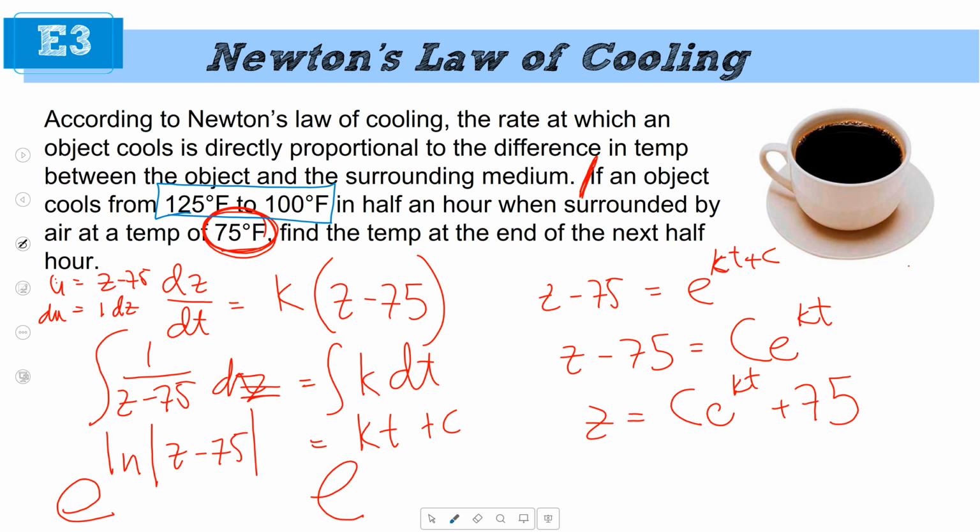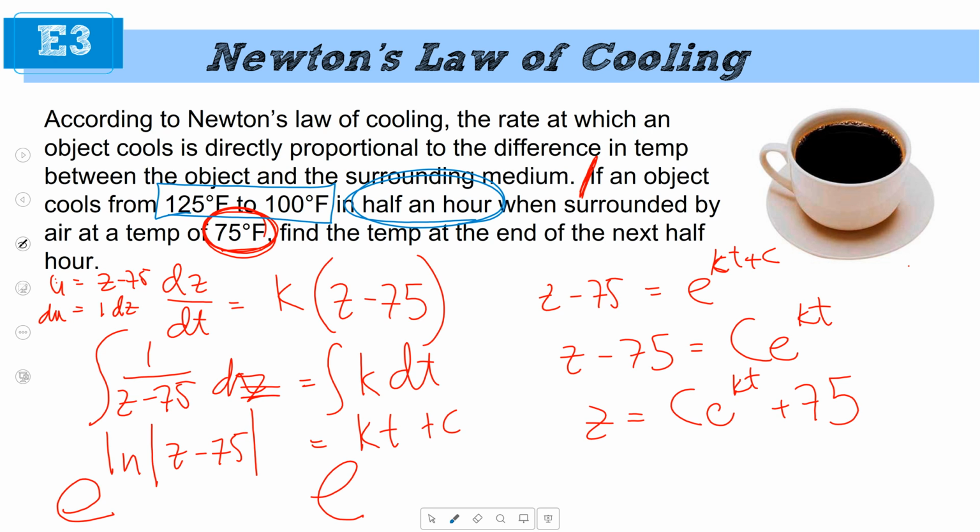Warning, the AP test loves to do this. They'll play with time. So notice half hour. You have to decide early on what units you are working in. Are you going to work in minutes? Are you going to work in hours? Usually, it's easier to work in hours, but you can do either one.